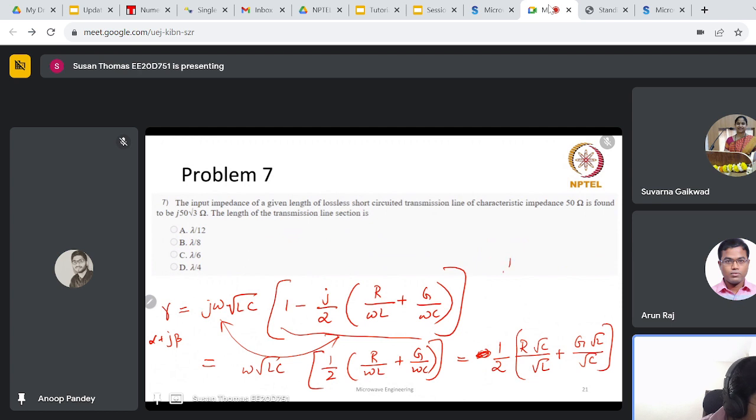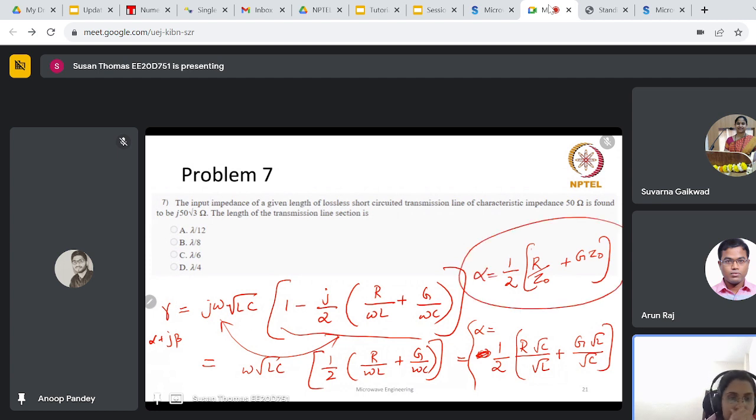Only alpha I am expanding because the question asks only for alpha. So it is R by Z naught plus G into Z naught. So this is the expression for alpha.